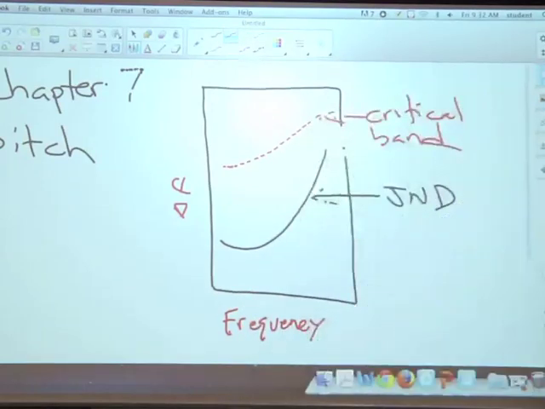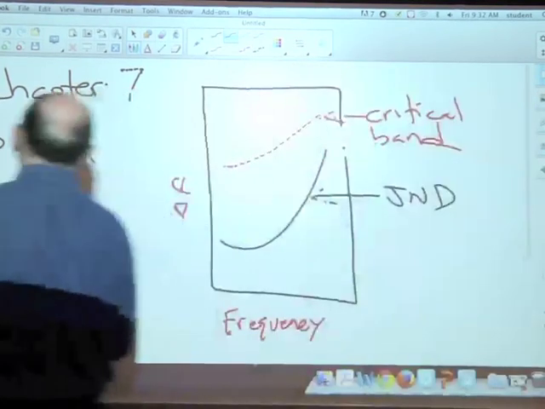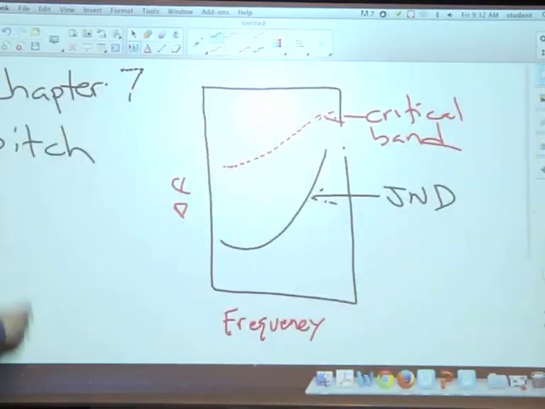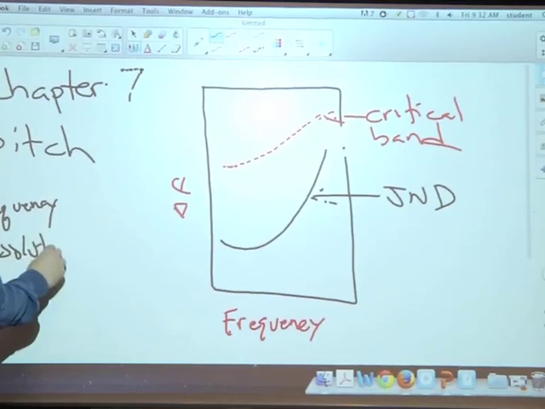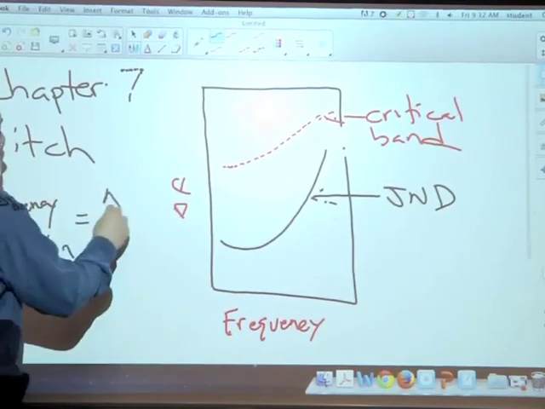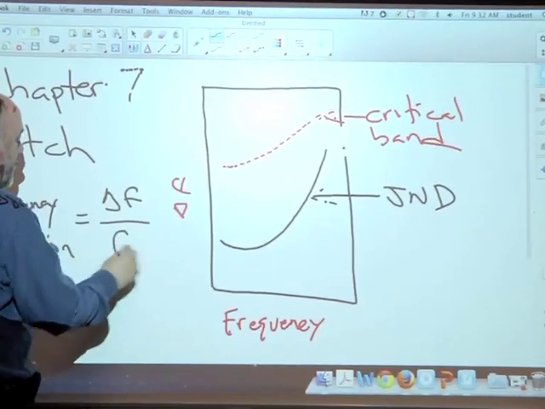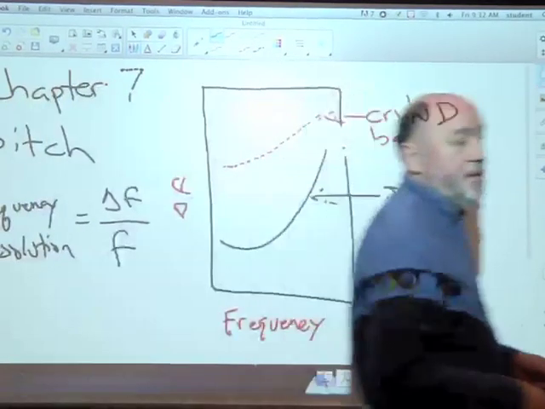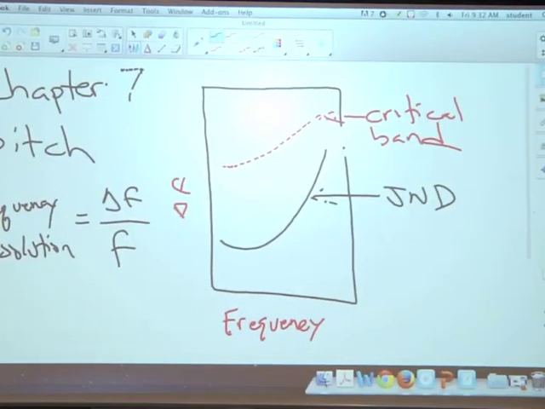So in terms of frequency resolution, which is given by this, resolution is given by delta F over F. So you do have one of your homework questions that deal with this graph.